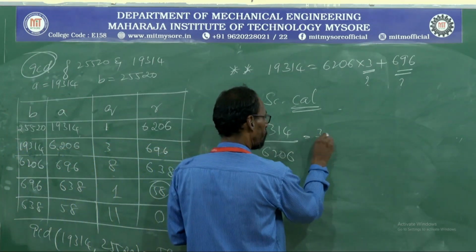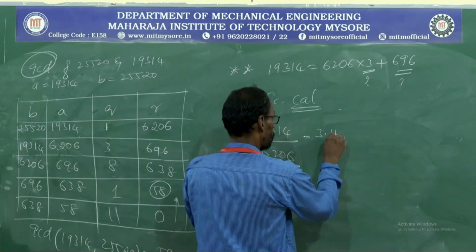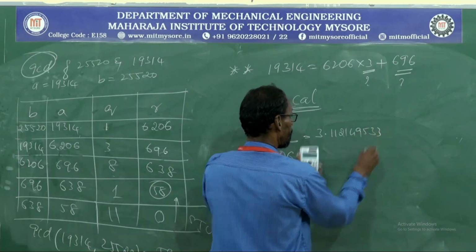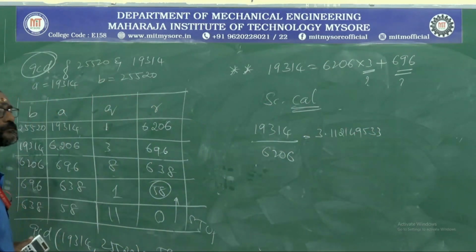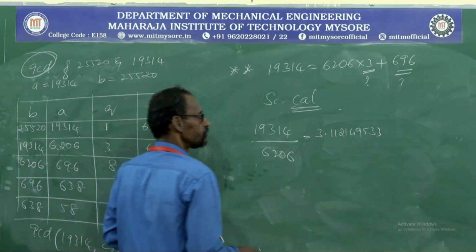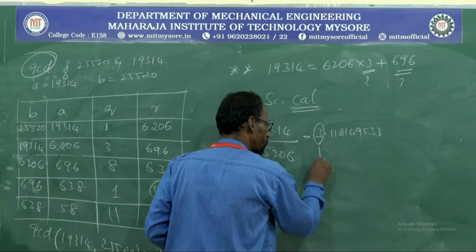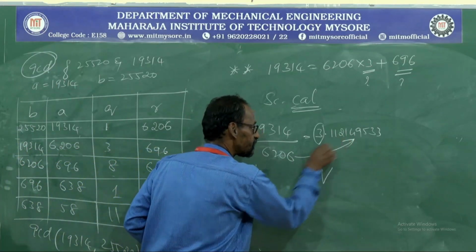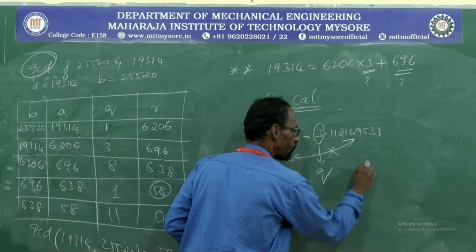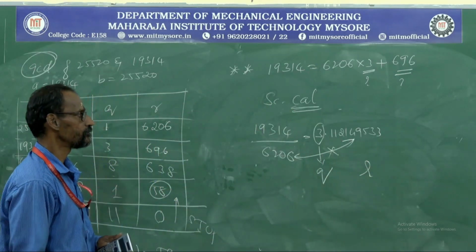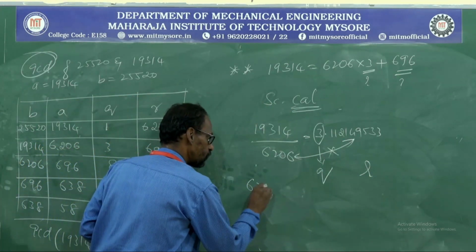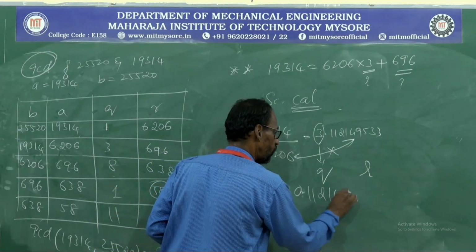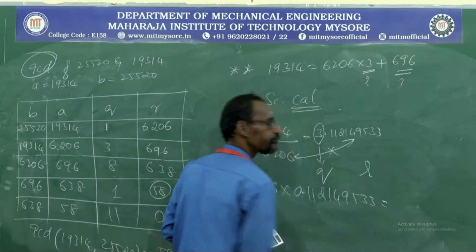I am going to get the answer 3.112149533. Using the calculator I got the value. Now this is your quotient. When you multiply these two, I am going to get the remainder. See now, 6206 multiplied by 0.112149533.